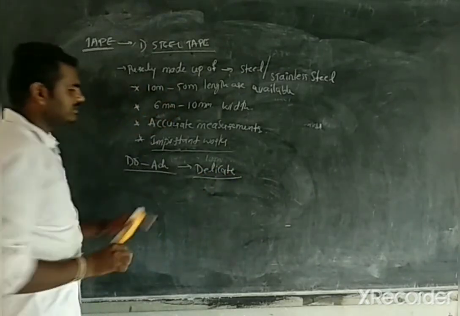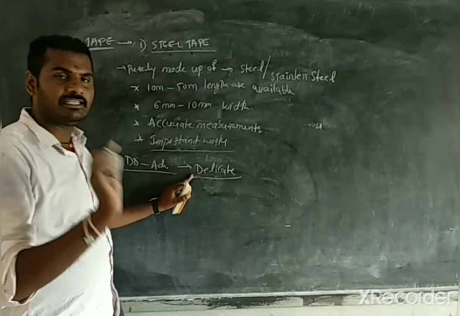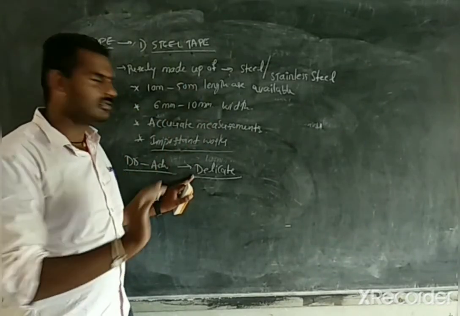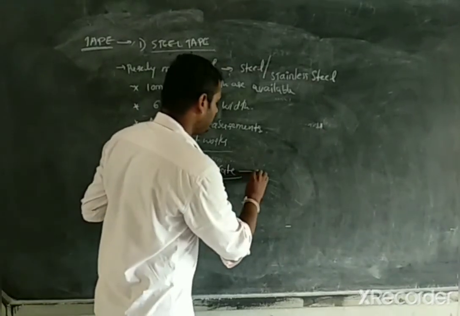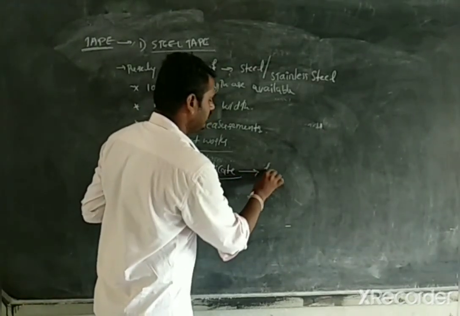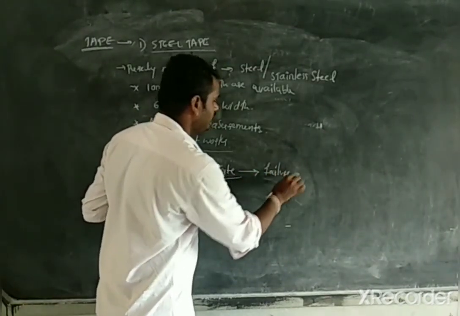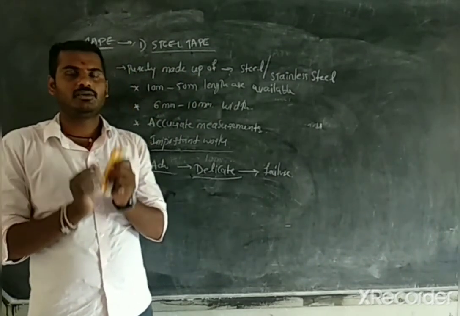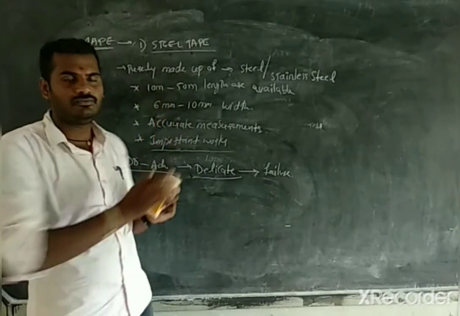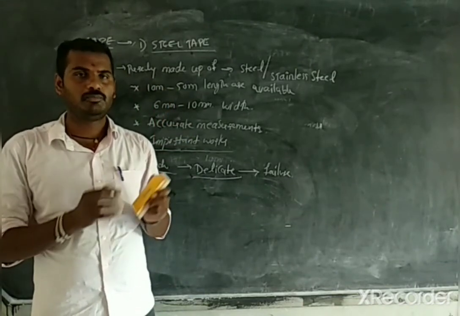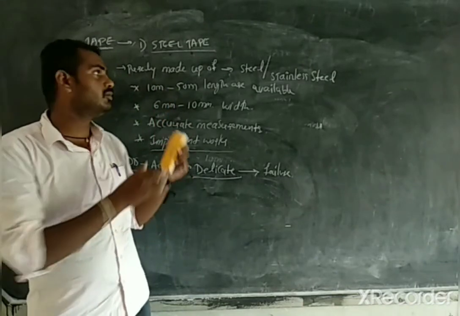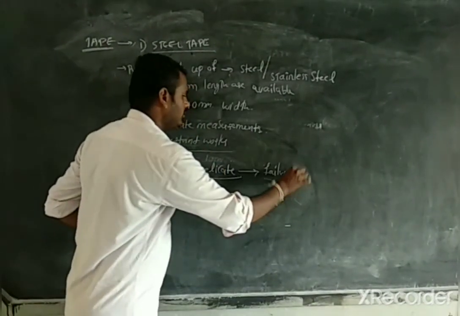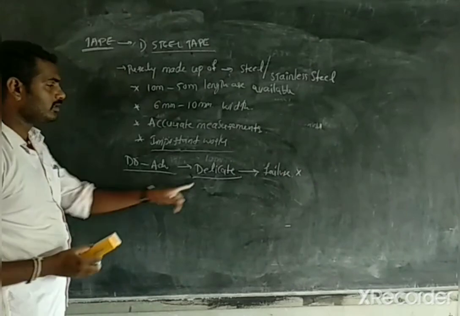When it is delicate, it is easily susceptible to failure. A skilled labor is required to handle this particular type of tape, to protect it, and to know how to handle it. So this is one big disadvantage of the steel tape.